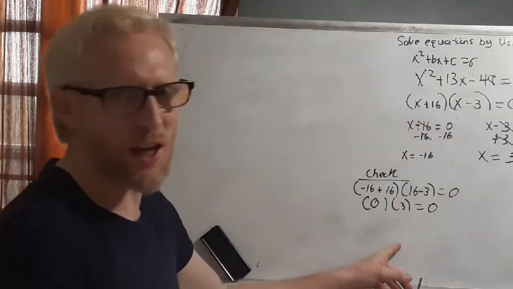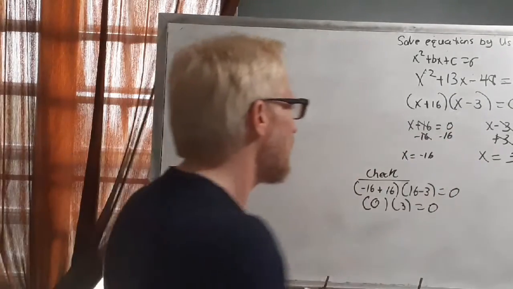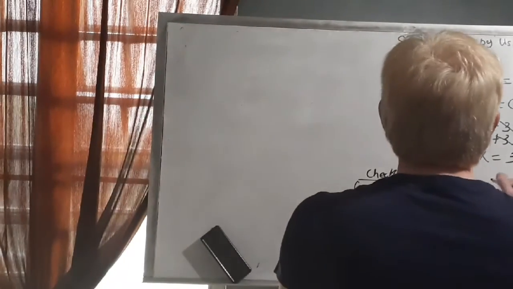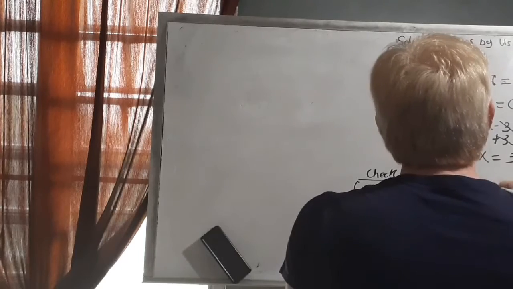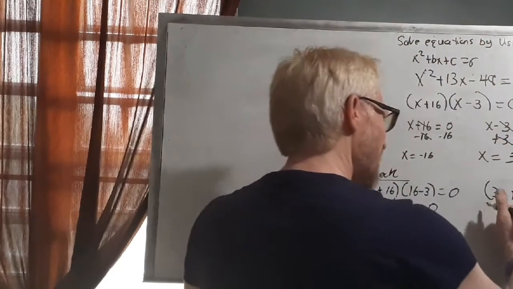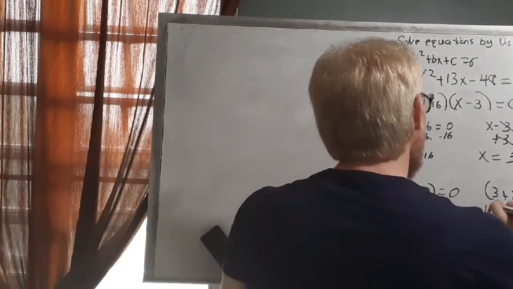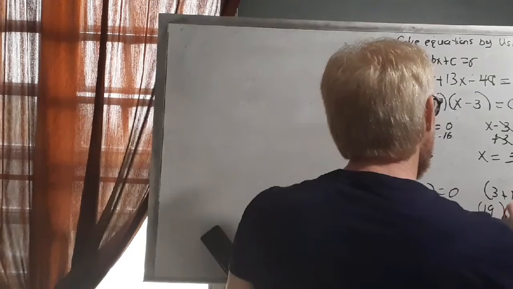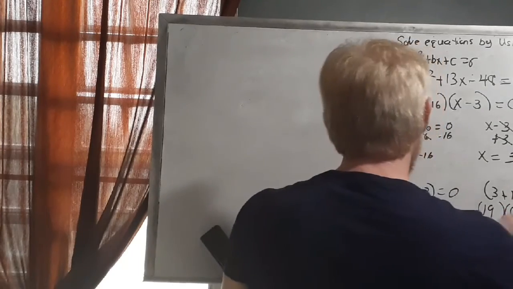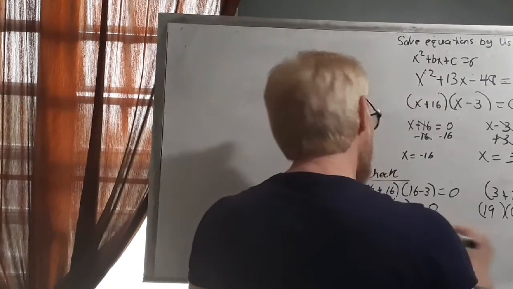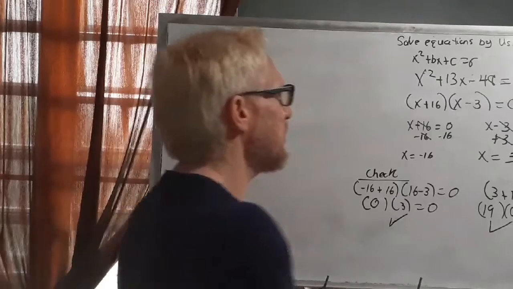So I know that's correct. Now I'm going to do the same thing here: 3 plus 16 times 3 minus 3. 3 plus 16 is 19, and 3 minus 3 is 0, and of course that equals 0, so they both check out, which means that this is correct.